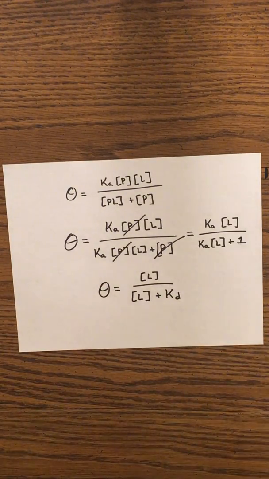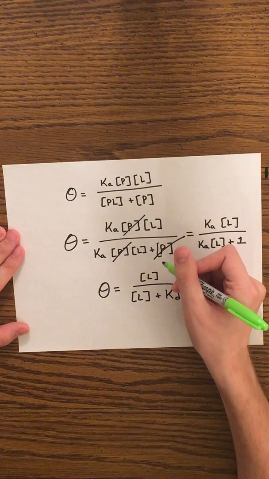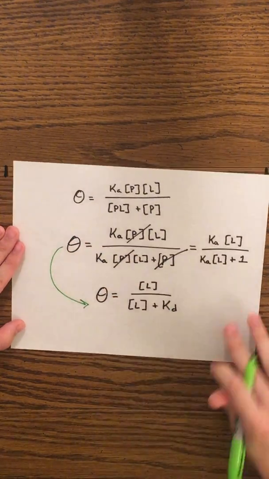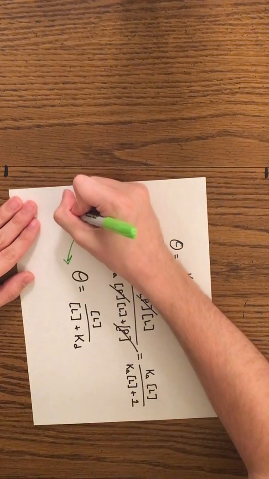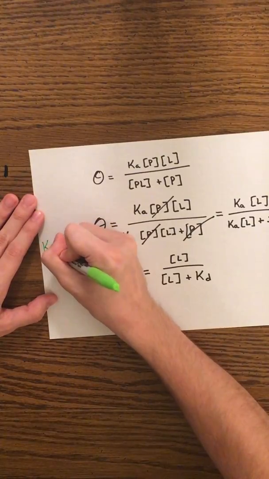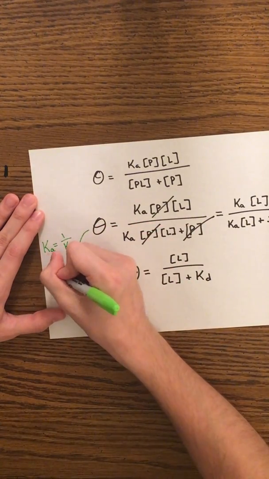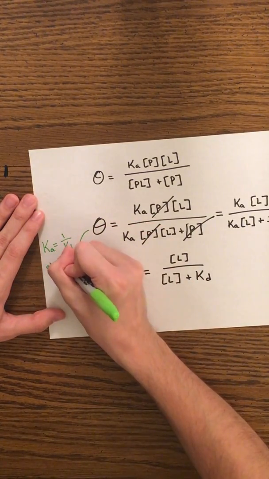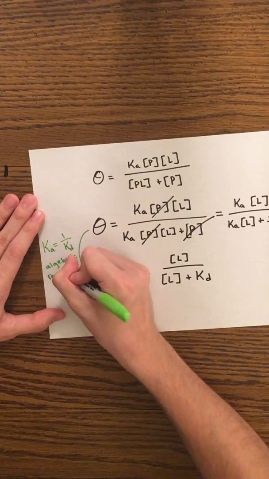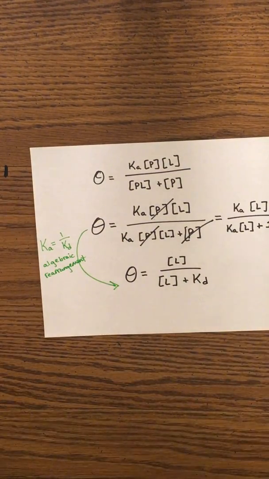So just in case you all were lost there, the operative step that we took to get to this point was recognizing that Ka is equal to 1 over Kd, and then just doing some algebra rearrangement. Pardon me if I spelled this wrong. Okay, so great.